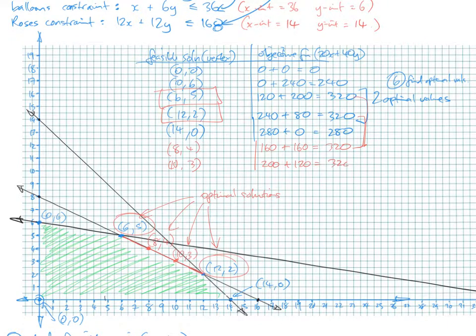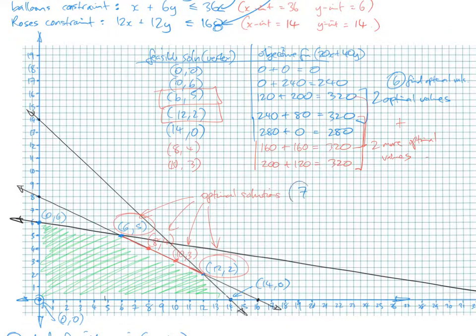That's also going to be 320. So you can see these valid points also give the optimal value, plus 2 more optimal values. So we've done step 6, find the optimal value.